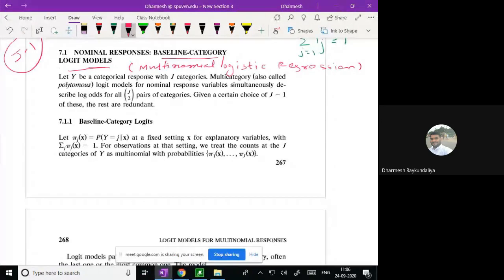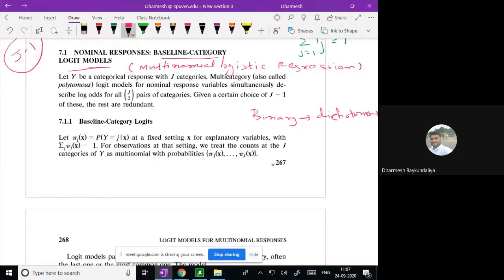Let us say, when the response is binary, we call it dichotomous. Have you heard such a name? Dichotomous.